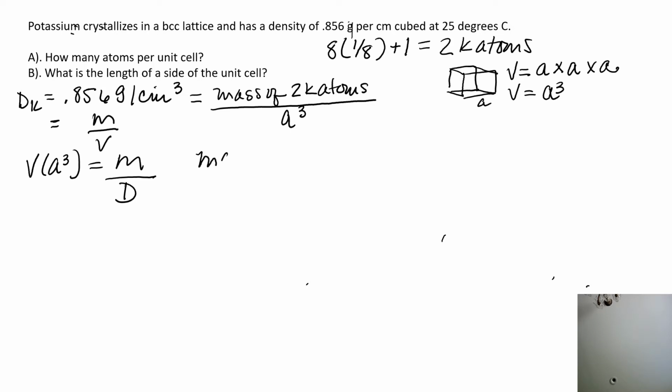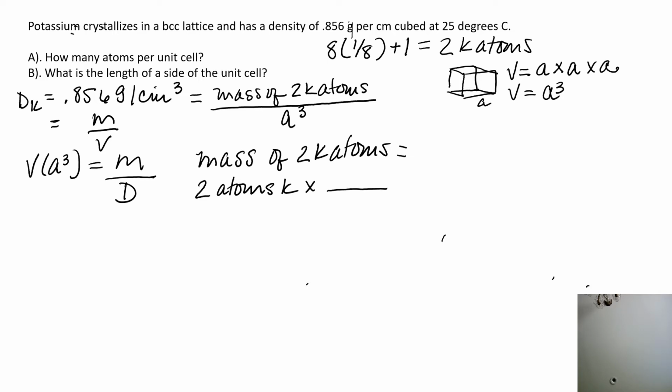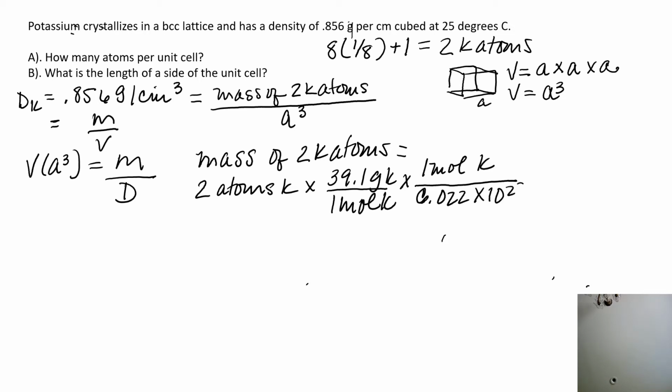And so the mass of 2 K atoms is going to equal, I'm going to write it down below, 2 atoms of K times the molar mass of K. We need Avogadro's number. 1 mole of K contains 6.022 times 10 to the 23rd atoms.